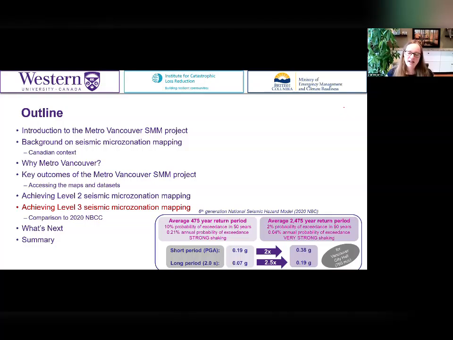But the question is, given what the expected earthquake shaking would be for this region, which comes from our national seismic hazard model, telling us where the seismic source zones are, what the recurrence rate of those earthquakes are, tells us what the shaking levels would be for particular return periods or for particular hazard levels, probabilities of exceedance. And so we made maps for 2 chosen return periods or 2 chosen levels of shaking intensity input.